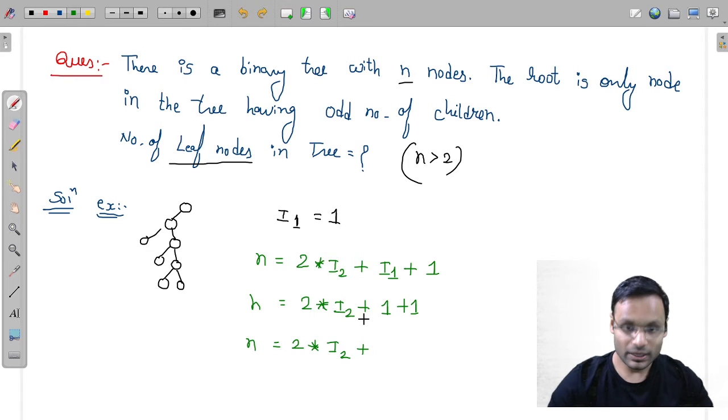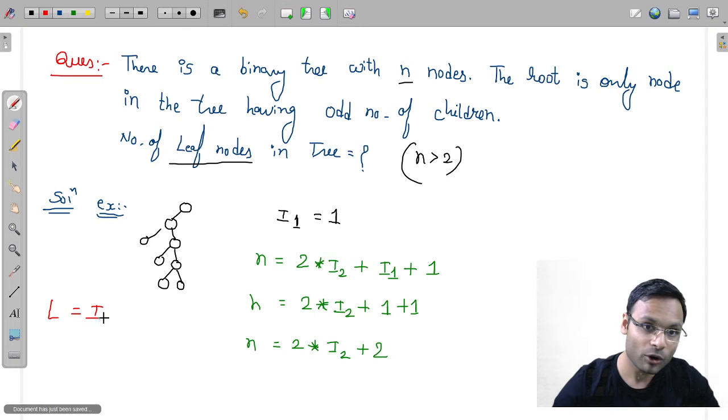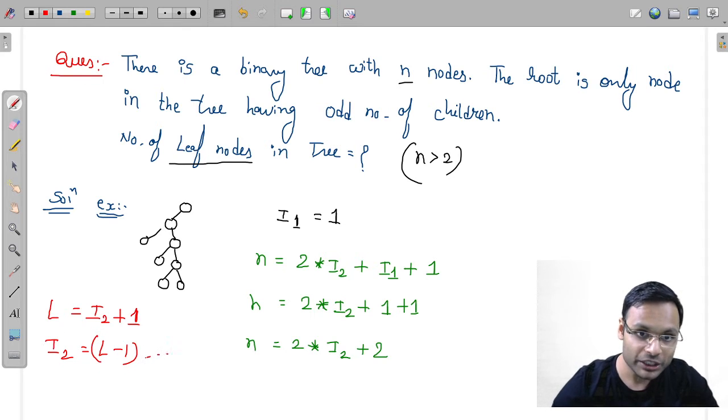Now we have the total number of leaf nodes. Yes, the total number of leaf nodes is equal to I2 plus 1. So can we get the value of I2 from here in terms of L? Yes, L minus 1. Can you put the value of I2 here? Yes.